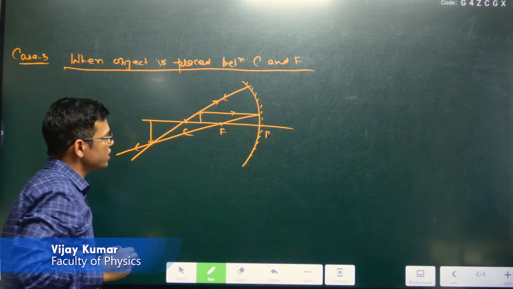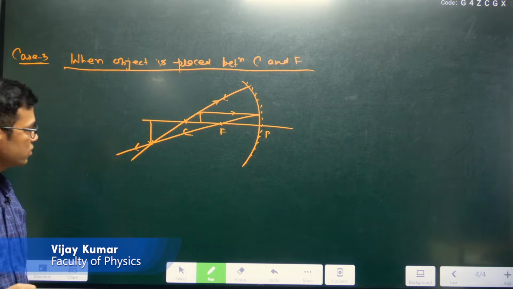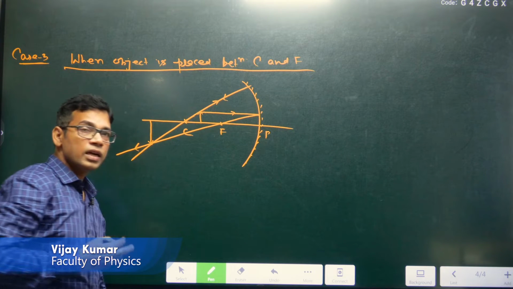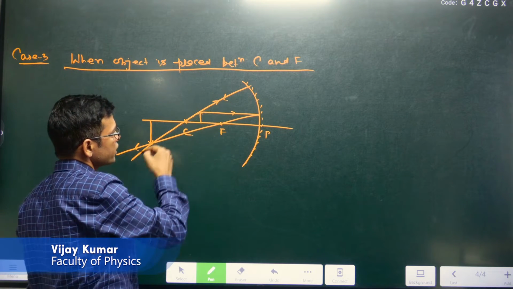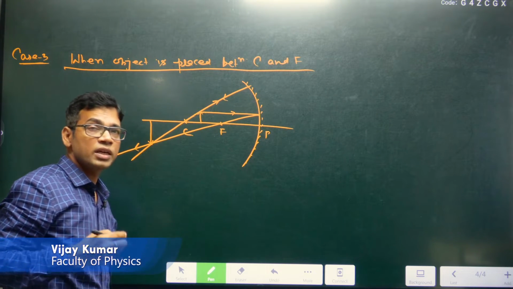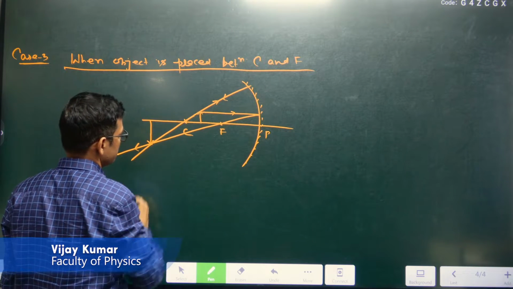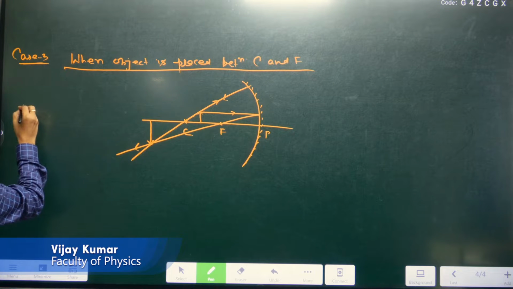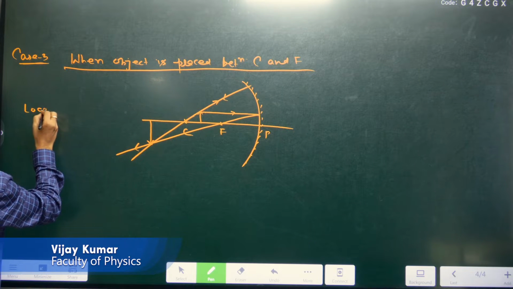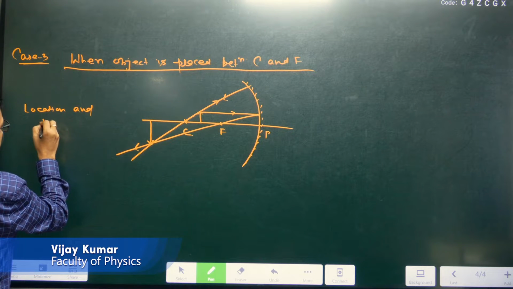The image formed in this case will be inverted, real and enlarged. This image formation also takes place by the intersection of the real ray, so this image will be your real image. Now come to the location and nature of image.